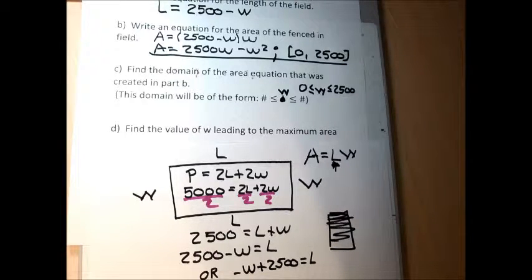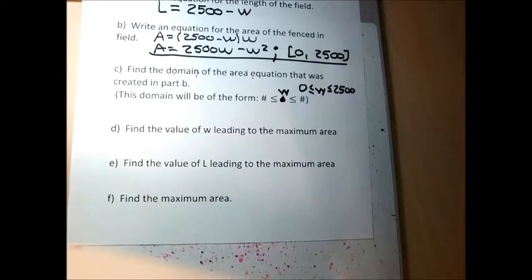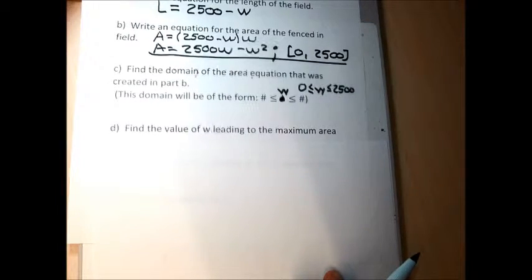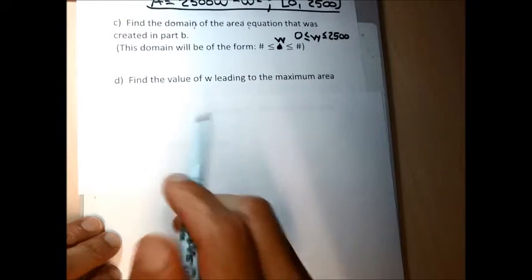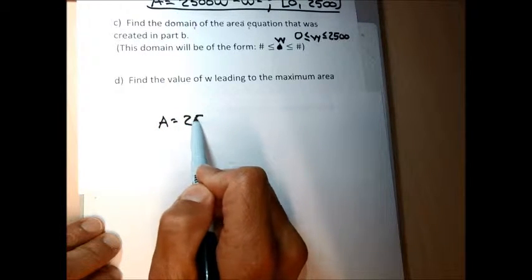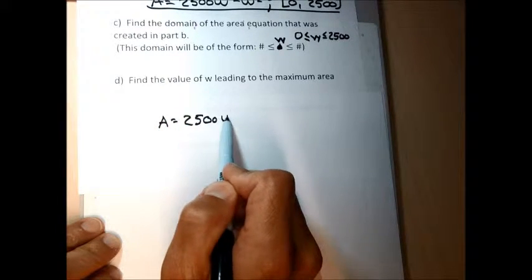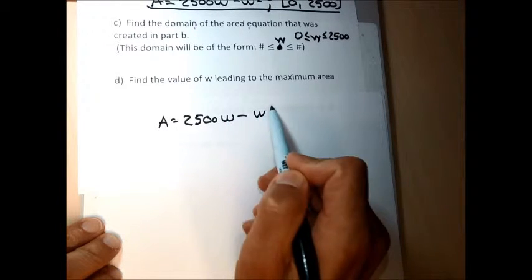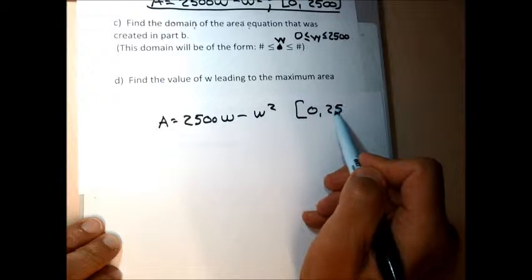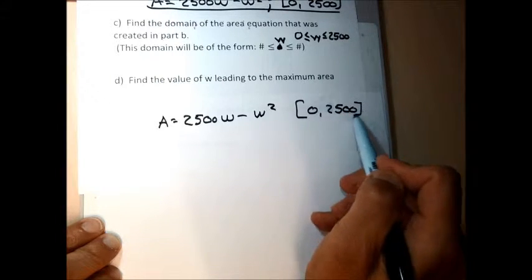Well, that's what we did a lot in the last section. So to find the answer to part D, I'm going to take my equation, my area equal to 2,500 W minus W squared over the region 0 to 2,500, and I'm going to find the absolute maximum.